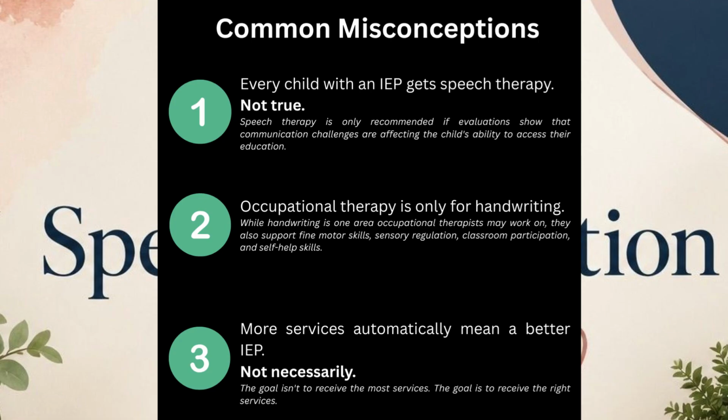While handwriting is one area occupational therapists may work on, they also support fine motor skills, sensory regulation, classroom participation, and self help skills. Another misconception is that more services automatically mean a better IEP. And this is not necessarily true. The goal isn't to receive the most services, the goal is to receive the right services.